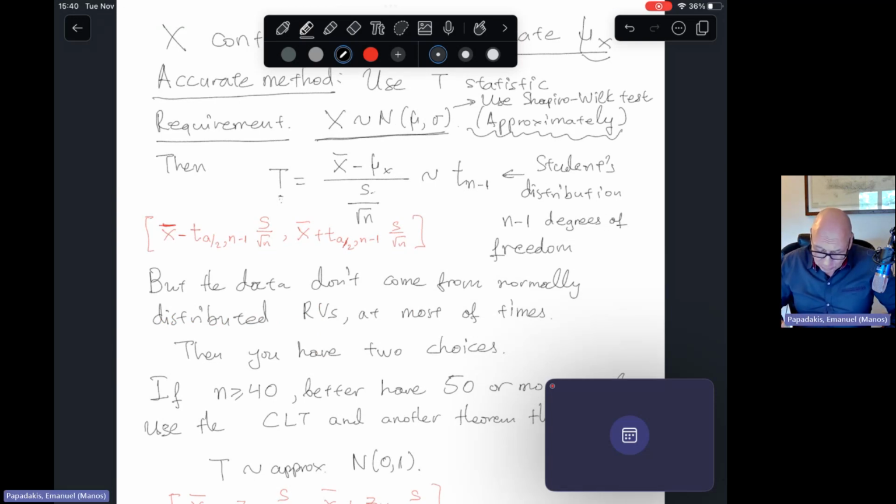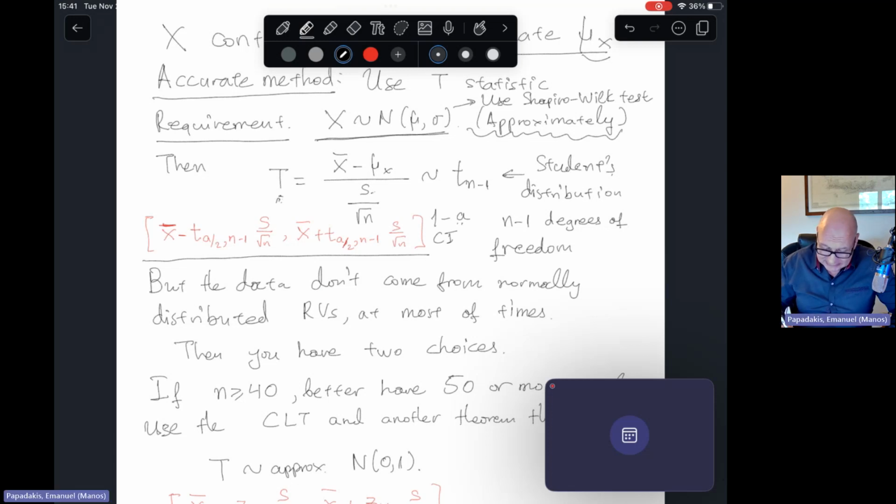When X has normal distribution, then the statistic T, which you will use for the estimation, has Student's distribution. This is a very old theorem. It goes back to the beginnings of the 20th century. And then you have this particular confidence interval. This is going to be your 1 minus alpha confidence interval.